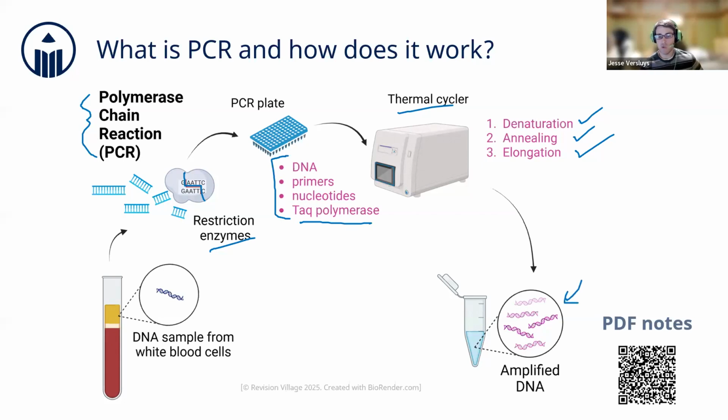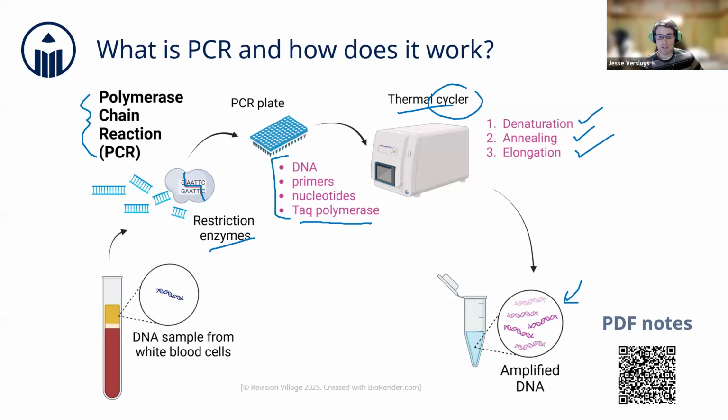So our target sequence would be copied not just once like we would get it for DNA replication. Instead, we're going to get thousands, or realistically millions or even billions of copies of those target sequences. And the way that this works is because it's a cycler, it increases and decreases the temperature more than once. And every time it goes through a cycle of temperature changes, we get a copying of the DNA that we're after.